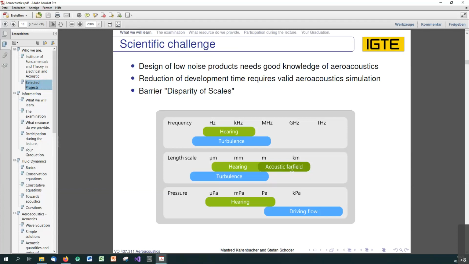As you increase or decrease the Mach number, the two scales drift apart. So if you have a turbulent eddy, it has a diameter of L, and when you divide it by the Mach number, you have more or less the acoustic wave which this eddy is emitting. And therefore, also for the simple eddy case, the two scales are quite different.